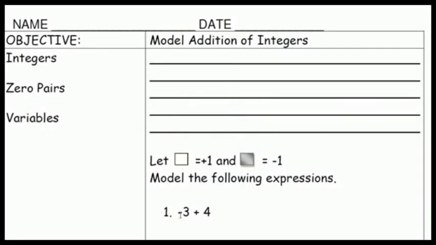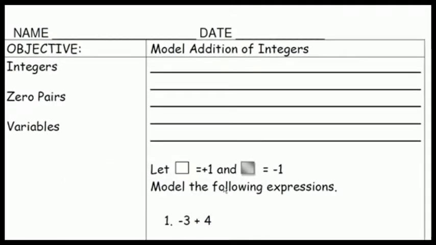Okay, in this video we're going to talk about how to model the addition of integers. The first thing you have to know about the word integer is that it is the set, and this is how we write the little symbol for the set of all the negative numbers.